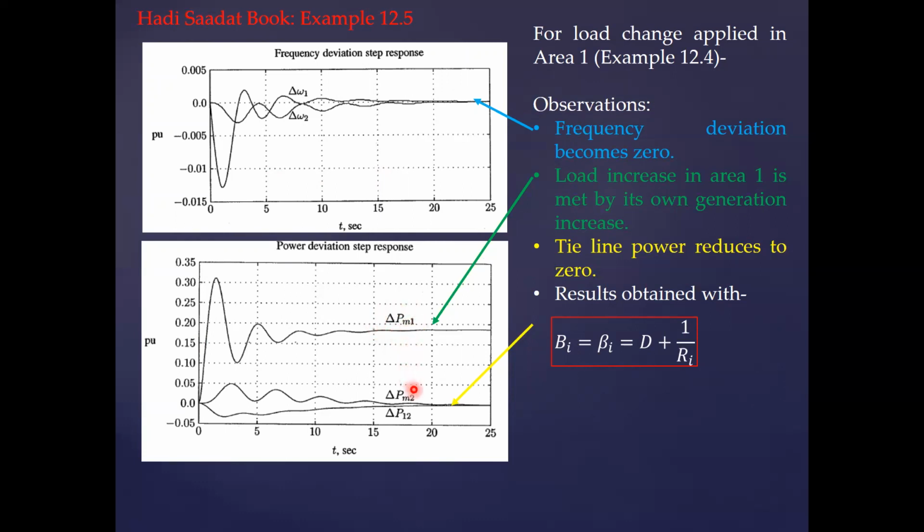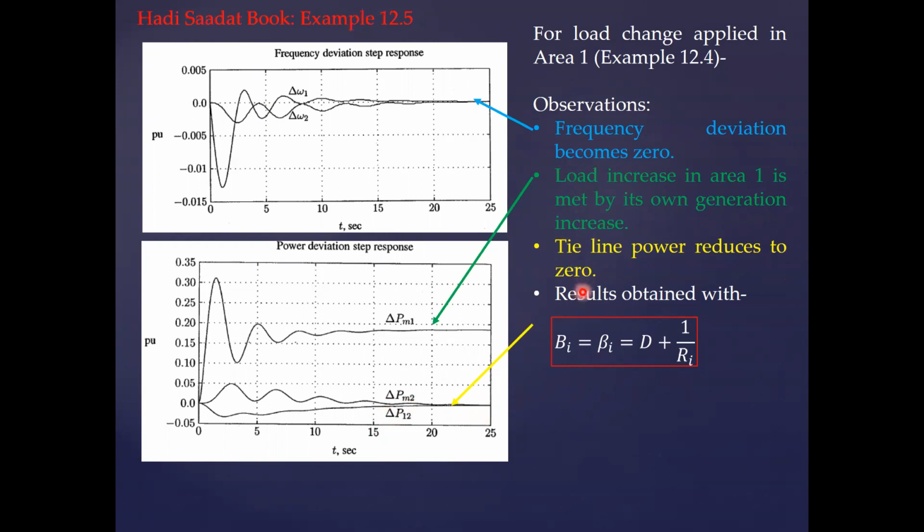However, for area 2, though there is some transient response here, it settles down to 0 value. In the same way, the tie-line power deviation also settles down to 0 value.